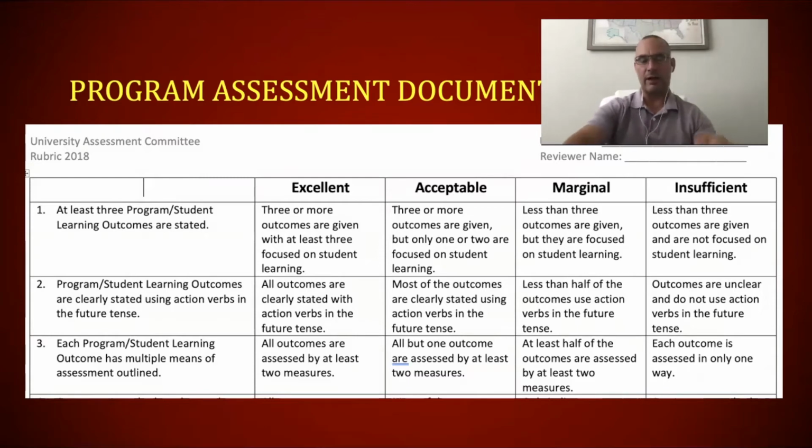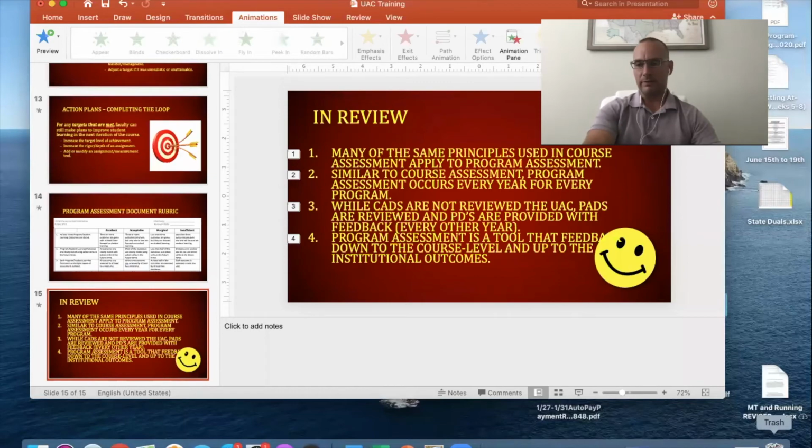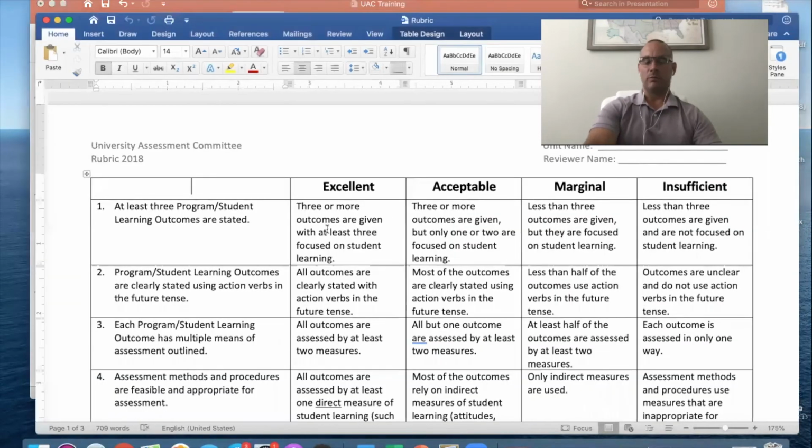And I will exit out here in just a moment, but what we're looking at is there's a variety of measures here, and then we're going to evaluate on essentially a four-point scale from insufficient to excellent. But what is it that the UAC is looking for? So if we exit out here for just a moment, we'll walk through the evaluation rubric.